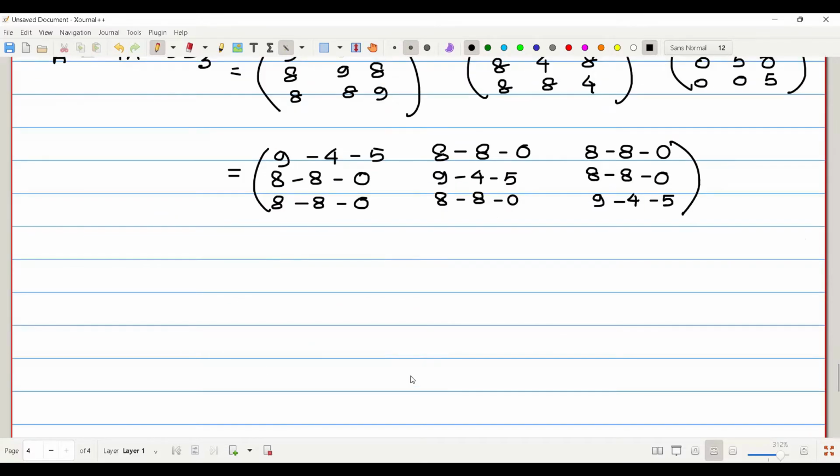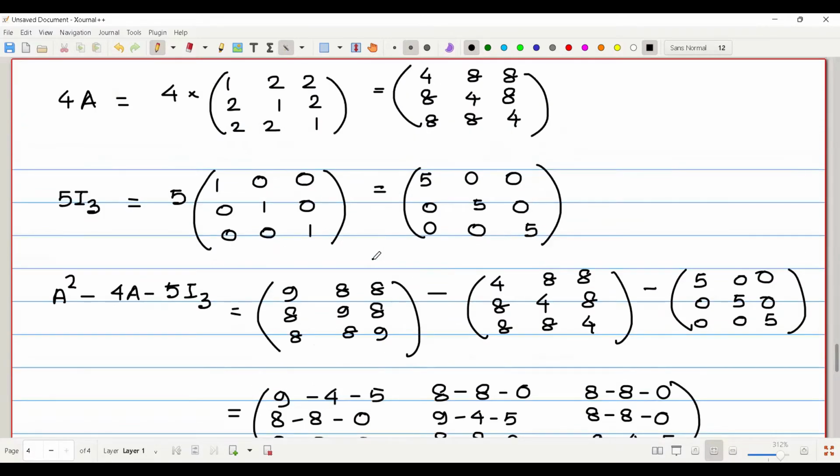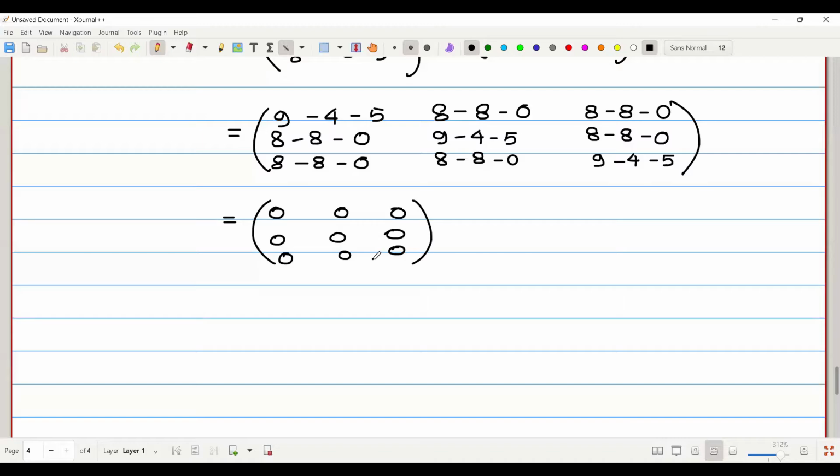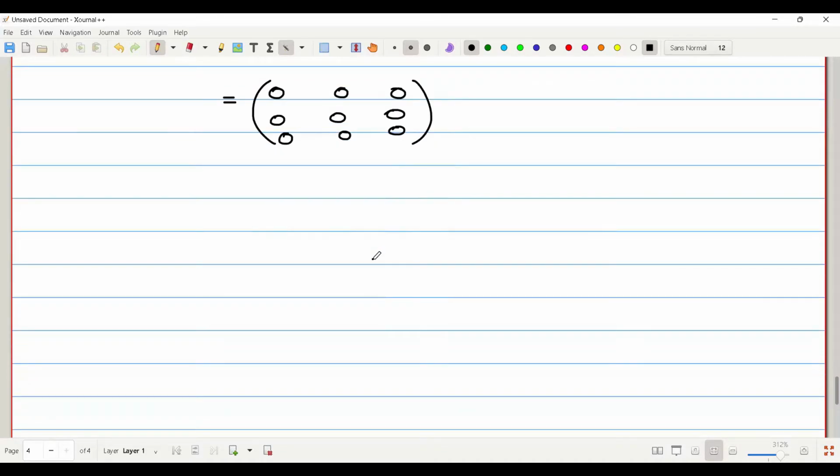That is a null matrix because we are getting all the elements as 0. So the equation is satisfied. Then we have that A square minus 4A is equal to 5I3.